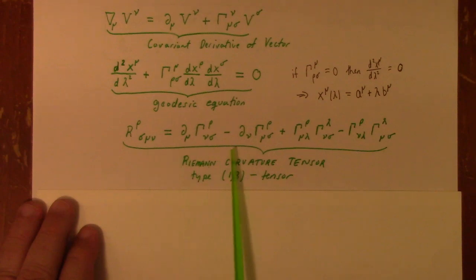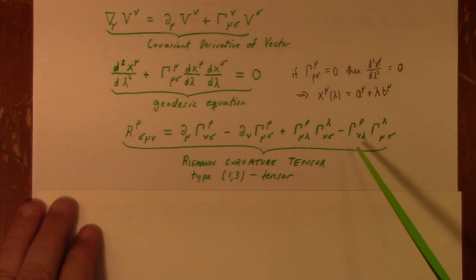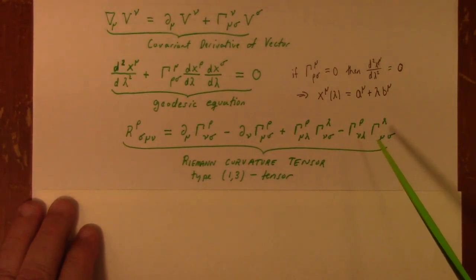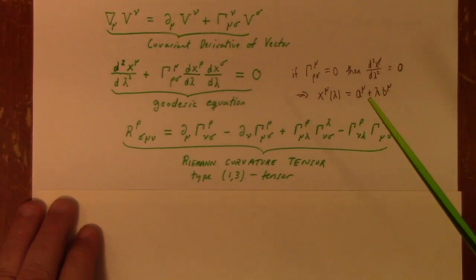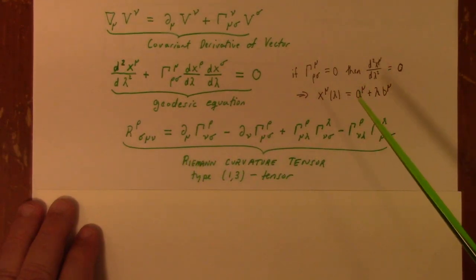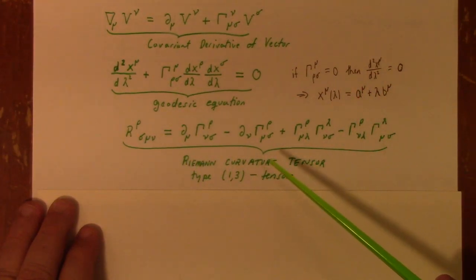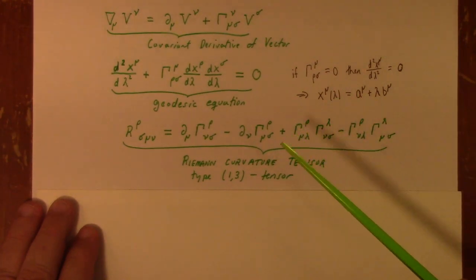In fact, the way this is derived, I suppose there's a few different ways to do it, but I think Carroll looks at a commutator of vector fields and does some things with that, and out pops this term as a sort of signature of vector fields not commuting. So this curvature is an obstruction to flatness in some sense. And anyway, here it is.